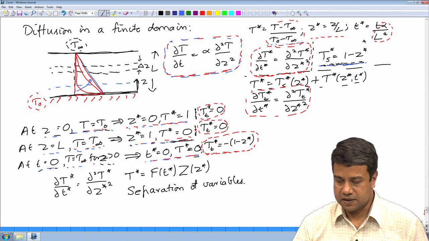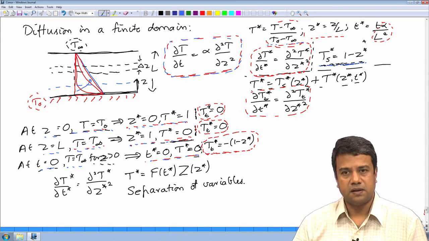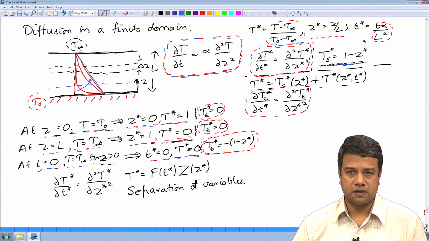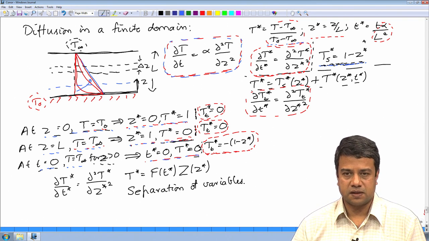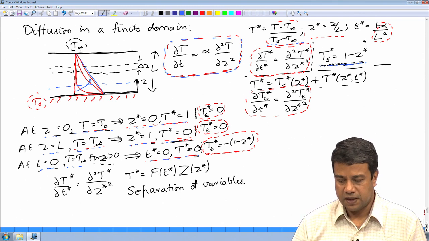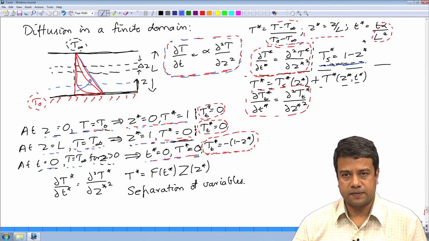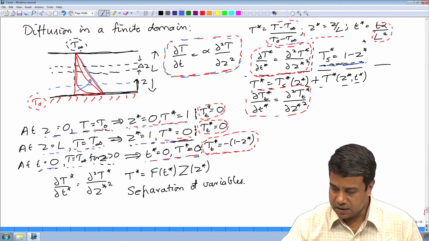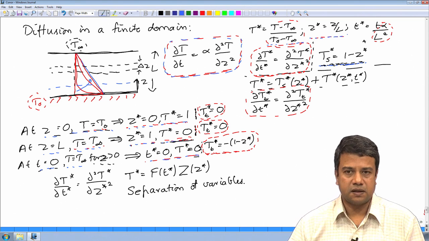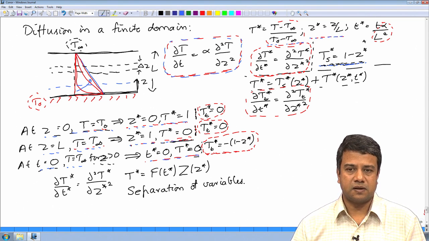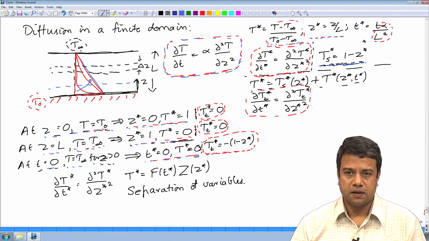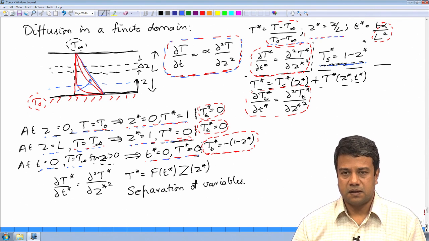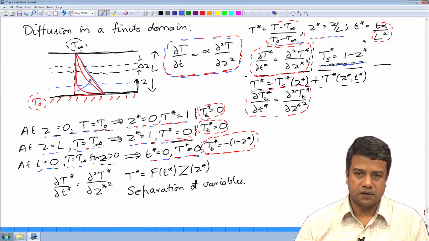When you express the equation in terms of the scaled temperature, the non-dimensionalization cancels out on both sides and you get the exact same equation, except that it is now in terms of T star. We had scaled the length by L, the height. You would expect Z to vary from 0 to L. So, if you scale Z by L, the scaled coordinate varies between 0 and 1.